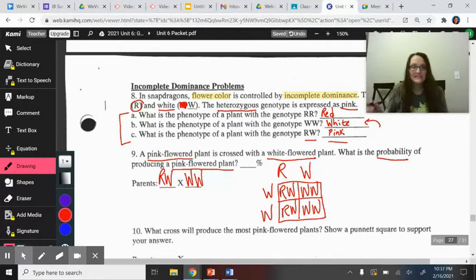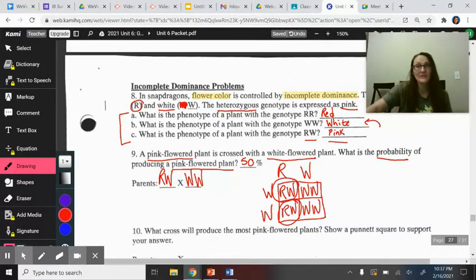Okay, so it wanted to know the probability of producing a pink flowered plant. Remember, pink is just RWs, so we're just looking at RWs. It looks like they've got a 50-50 here. So 50% chance of getting a plant that is pink from this cross.